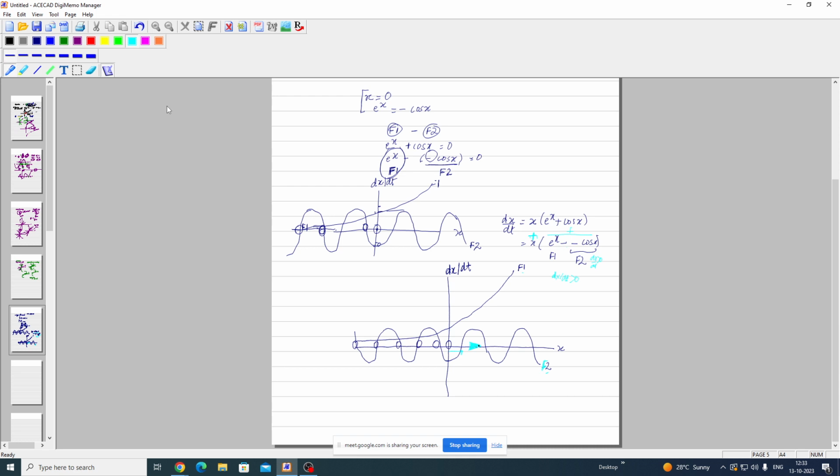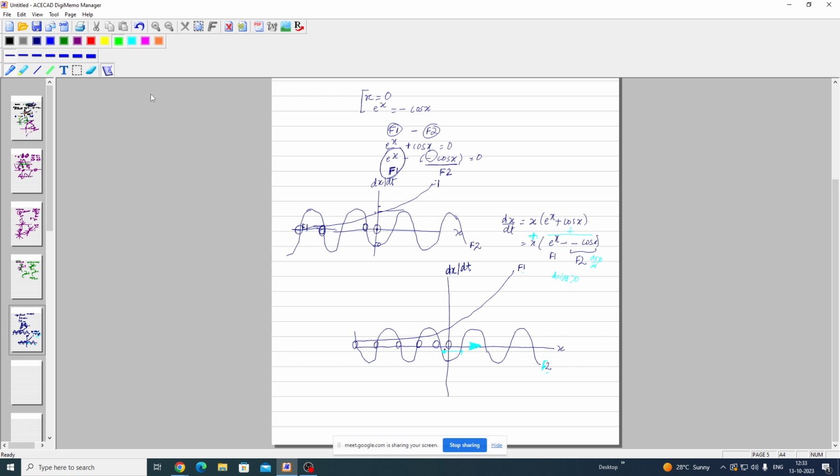Now let's look at what happens to the left of x equal to 0. Immediate left, we don't want to go beyond the next fixed point. So to the immediate left of the fixed point x equal to 0, first of all, x becomes negative.